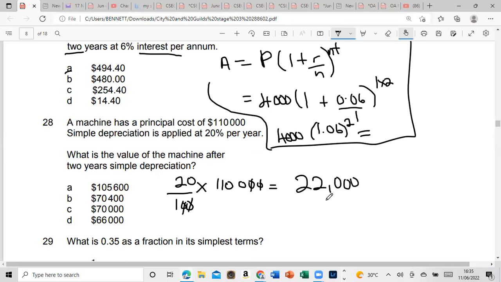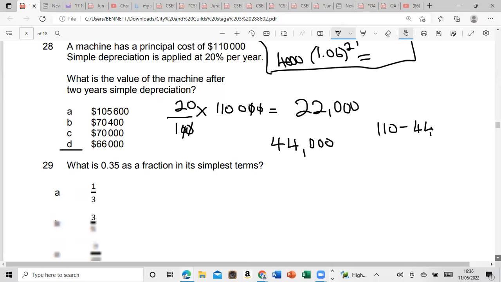So the depreciation value would be 44,000. So it would be 110 minus 44, which gives us 66,000. Remember, they don't want the reducing balance method.